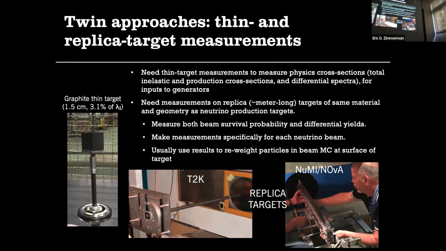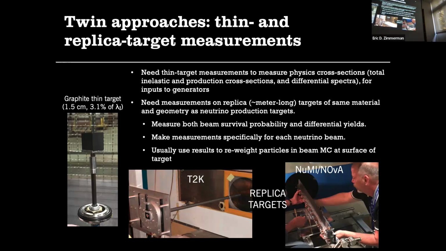We do thin target and replica target measurements. If you want physics cross sections to go into the models for generating hadronic interactions, you need thin target measurements. This measures the physics cross section, total inelastic and production cross sections, and differential spectra to be used as inputs to these generators.